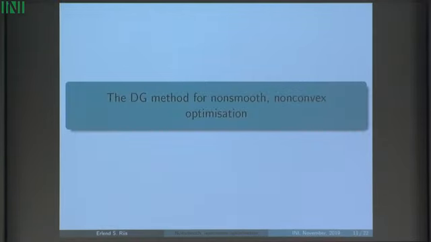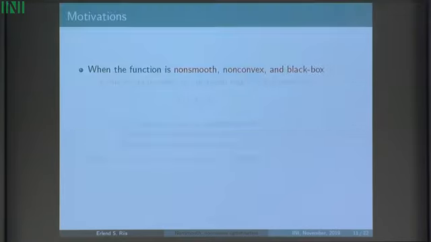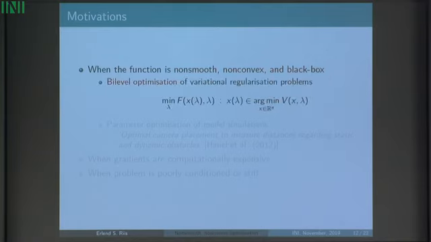Right, so I'll talk about how we want to apply this in non-smooth, non-convex optimization. The motivation for looking at this method in this setting is basically for solving problems that are non-smooth and non-convex and where we can't easily compute gradients. One typical example is bi-level optimization of variational regularization problems.